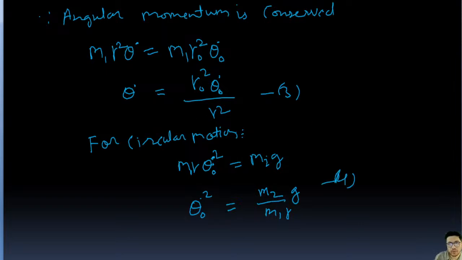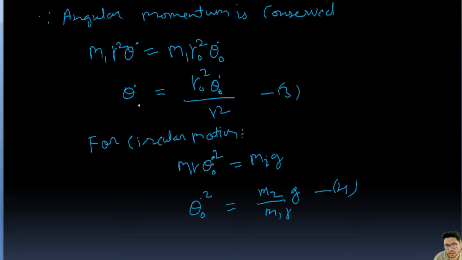So from equation 3 and 4 we can find the value of r theta dot square. From here you can see this is the theta dot value, and we are putting the theta dot value from here.